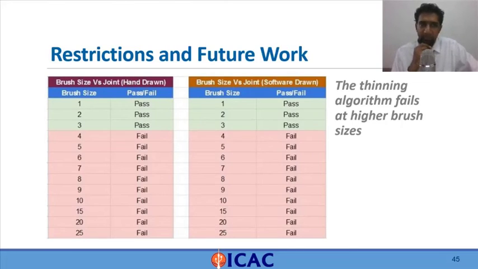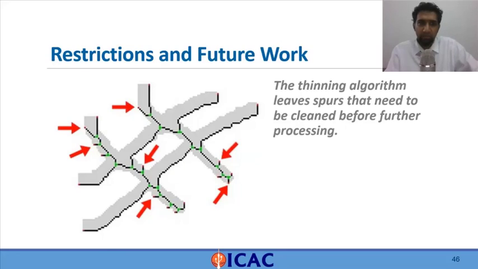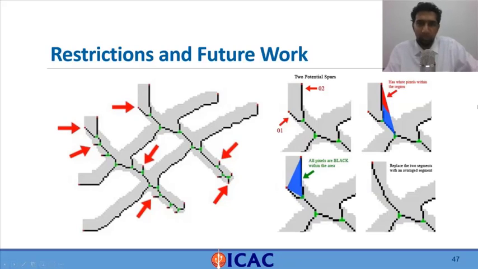One of the most prominent is that when you use higher brush sizes, the thinning algorithm breaks apart, because for higher brush sizes the thinning algorithm inherently leaves out some spurs like these. So these spurs have to be cleaned. We have a way to do that, and some implementation is there as well, but still, it's not that efficient. It slows down the system. So definitely, it's future work that we have.